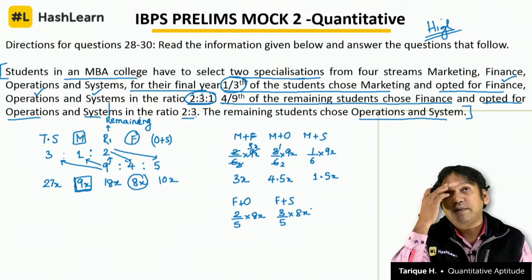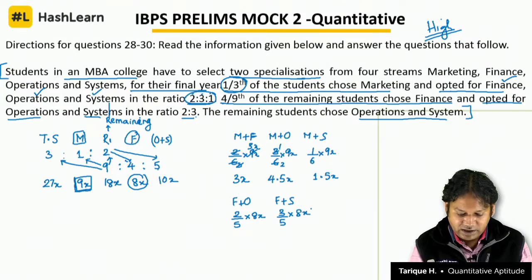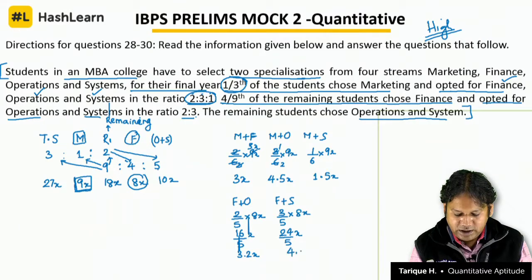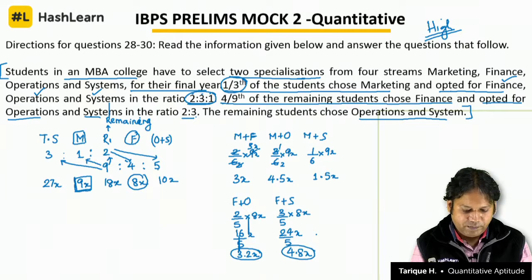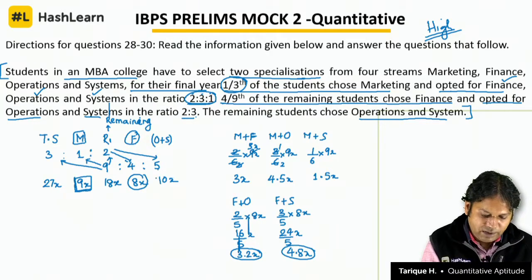That is 16/5 x, equal to 3.2x, and 24/5 x, equal to 4.8x. And operations plus systems, how many have taken?